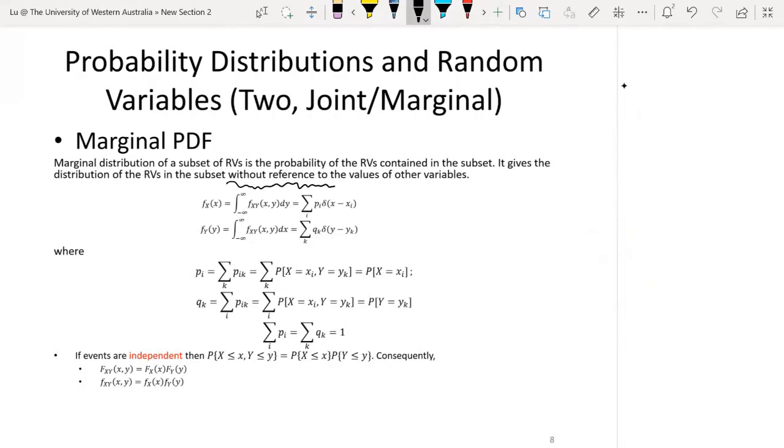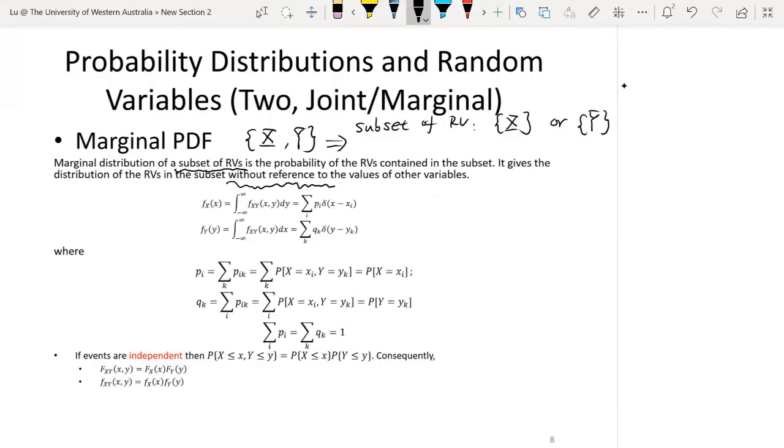In our discussion today, regarding the cases with two random variables, the set of random variables will be just x and y. This is the full set of the random variables we have, and a subset of the random variables is just x or y.